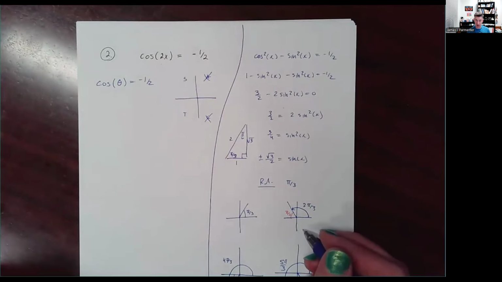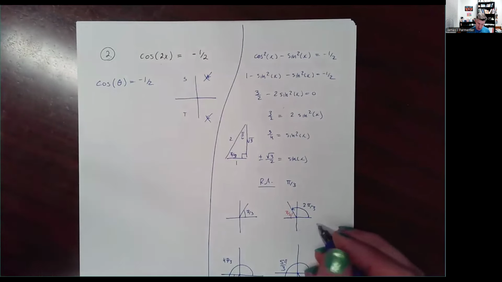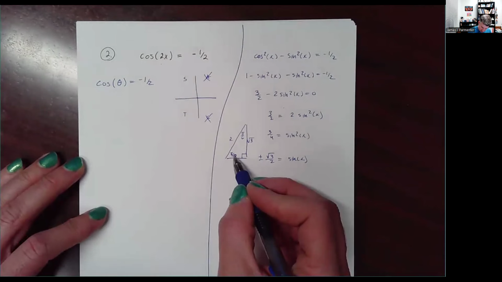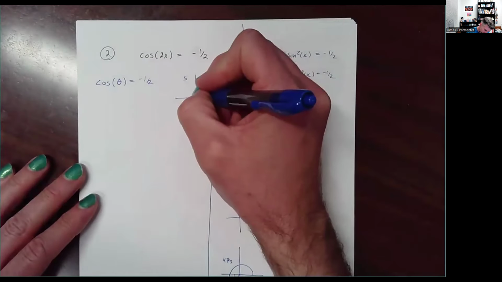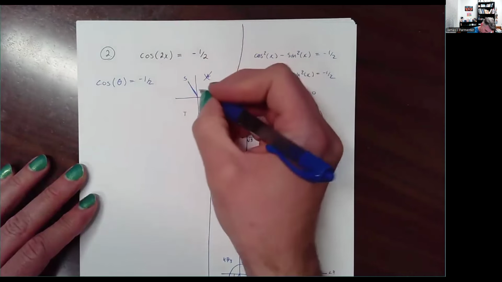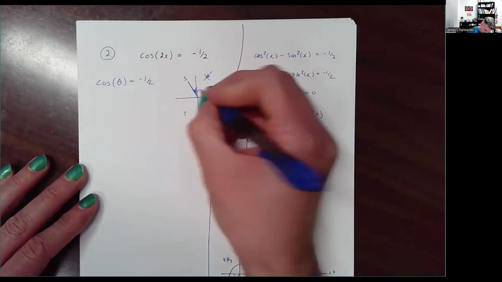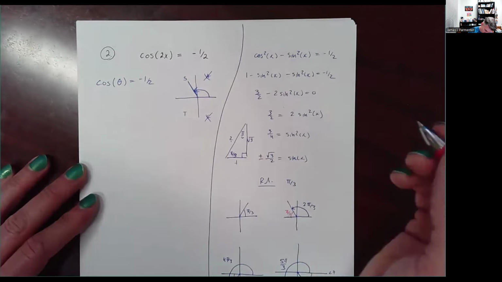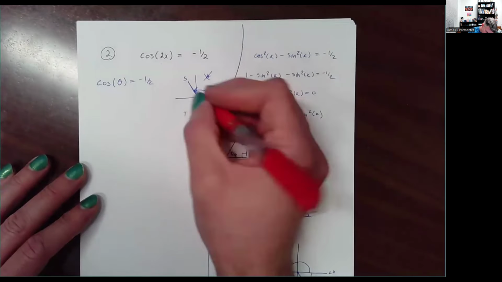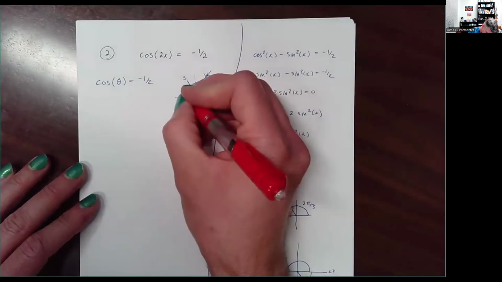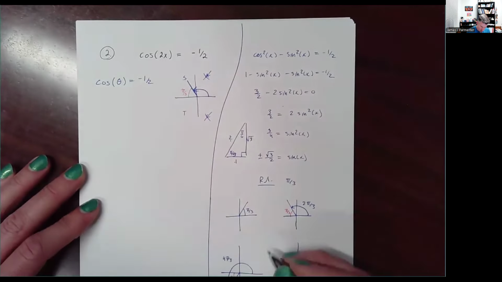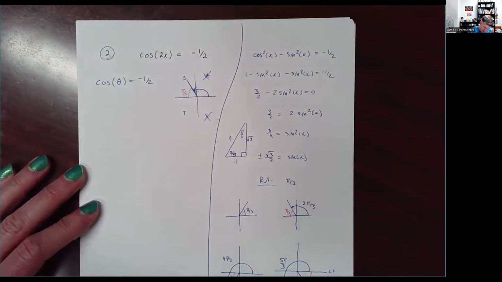And for cosine to be -1/2, the angle has to be, well, again, it's going to be pi over 3, right? Because cosine of pi over 3 is 1 over 2. So I should say the reference angle has to be pi over 3. So I'm thinking this angle here, where the reference angle is pi over 3, which is an angle of 2 pi over 3.